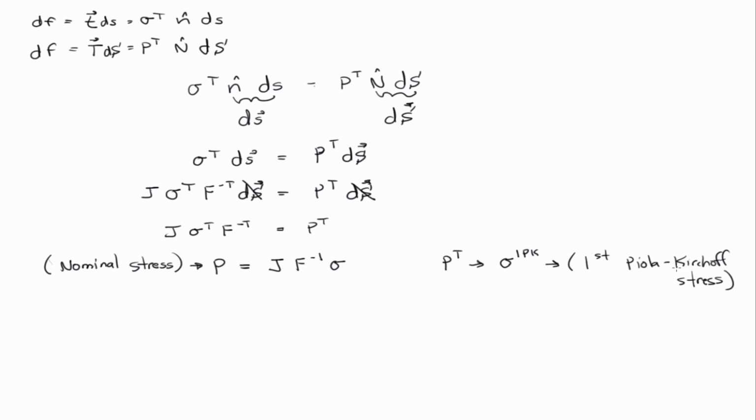Now, I should warn you, how many of you bought Malvern or have a copy of Malvern? Okay, a few of you. I told you Malvern is the most important book in continuum mechanics, and all the notation that we use comes from Malvern, except this one time. This one time, Malvern actually uses the opposite definition here.